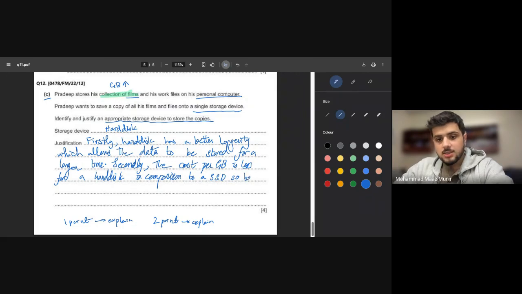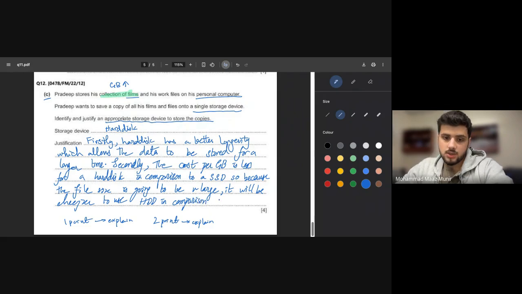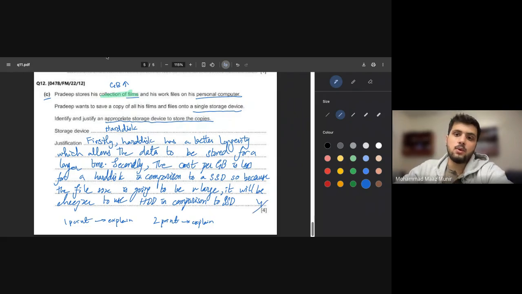So, because the file size is going to be very large, it will be cheaper to use hard disk in comparison to SSD. And so you see, you're going to get a perfect 4 on 4 for this.